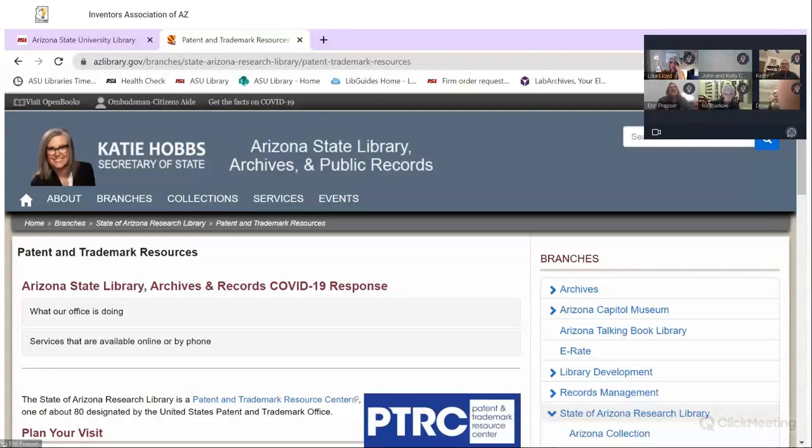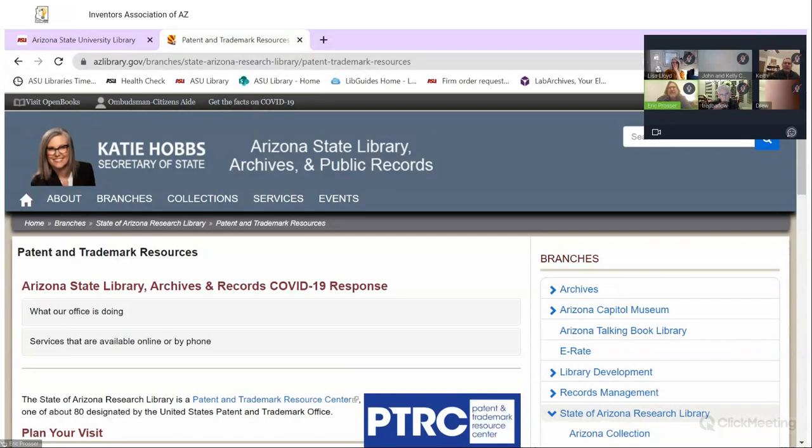Excellent. So the patent and trademark resource centers are essentially mini offshoots of the Patent and Trademark Office. The office partners with libraries, which can be academic or public libraries. In this case, it's a state library.